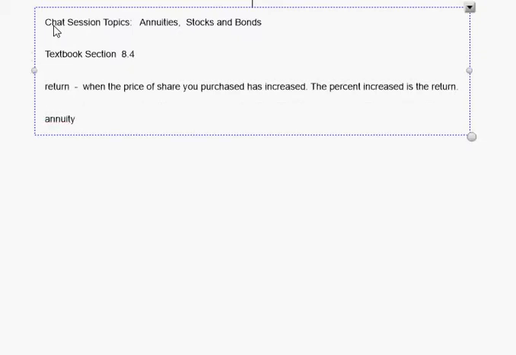Annuity. Sequence of equal payments made at equal time periods, such as an IRA.